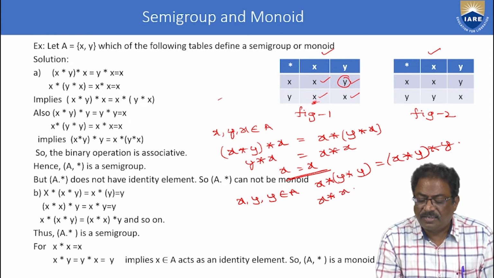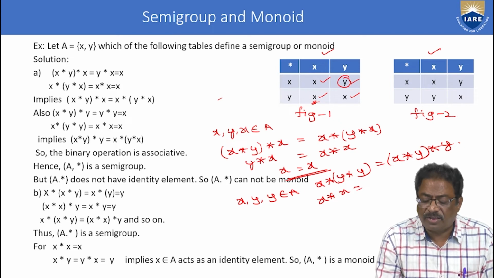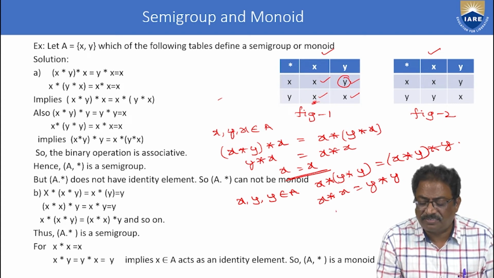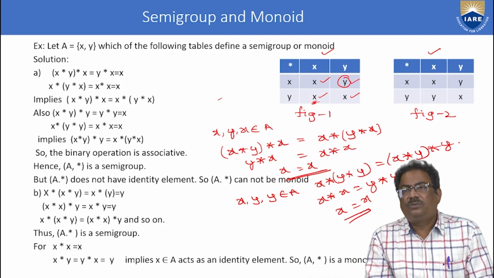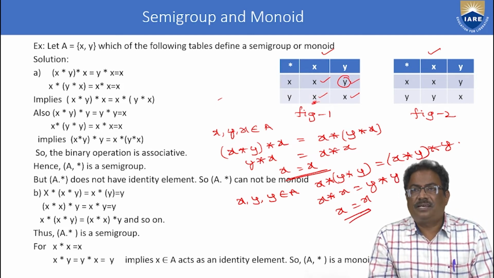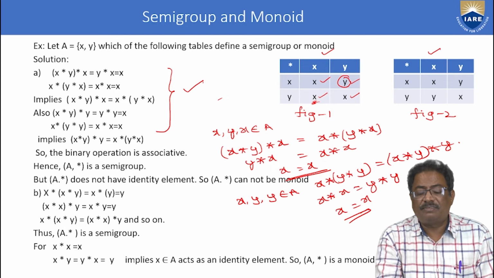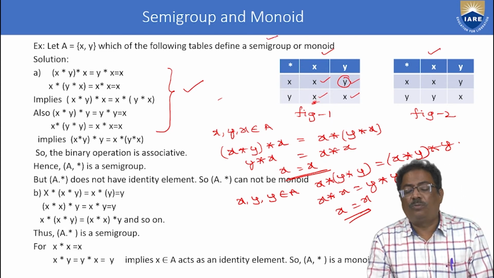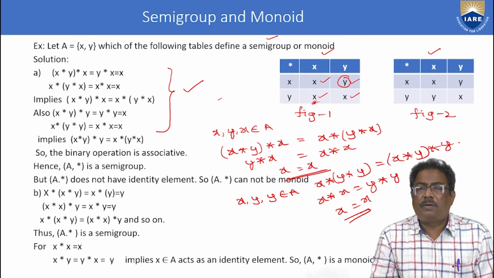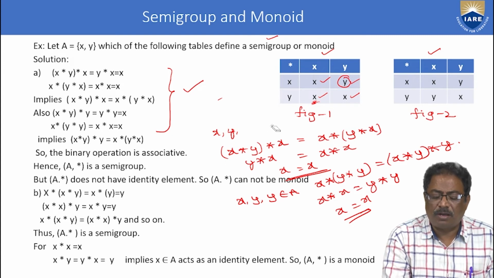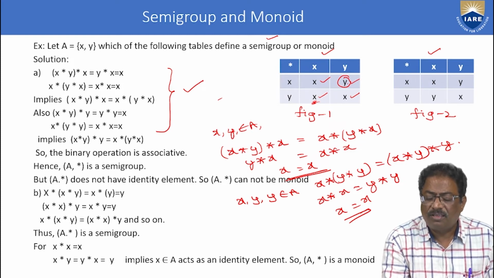It is Y, and then Y * Y is X. On the other side, Y * Y is X, and X * X is X. So in any order, if we consider three elements, it satisfies the associative property. So we can say that it is a semigroup, and moreover the binary operation is closed. Any two elements X, Y belonging to A, X * Y is Y.